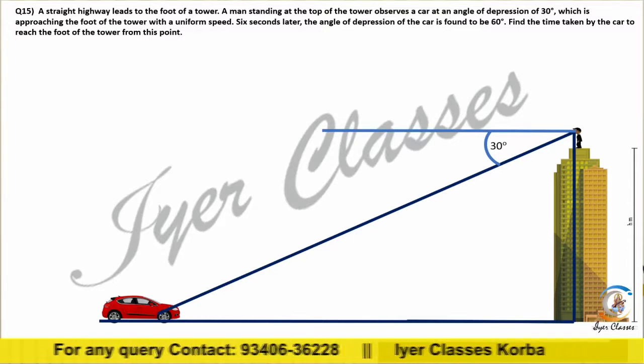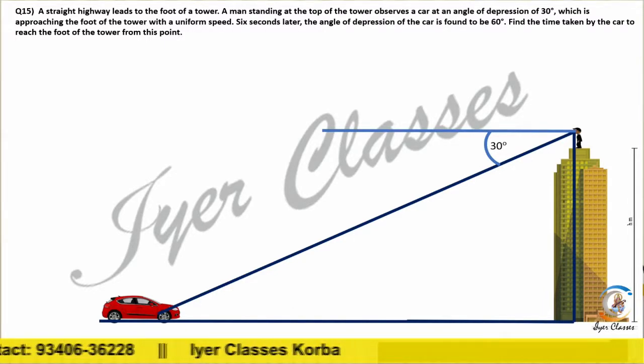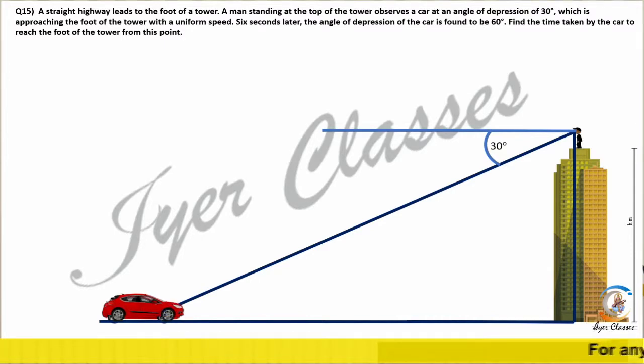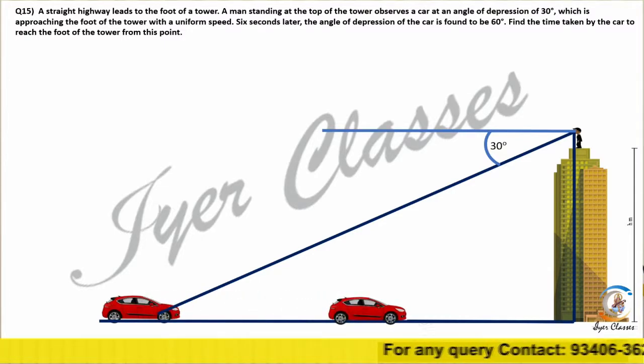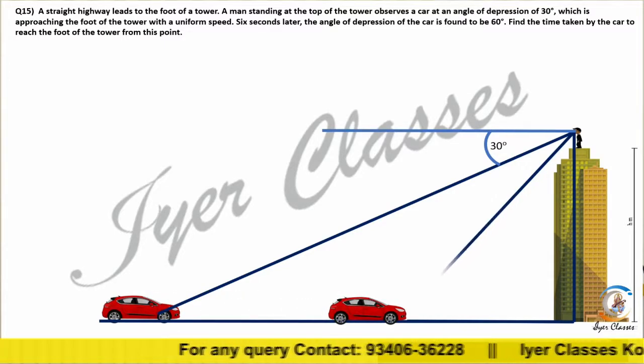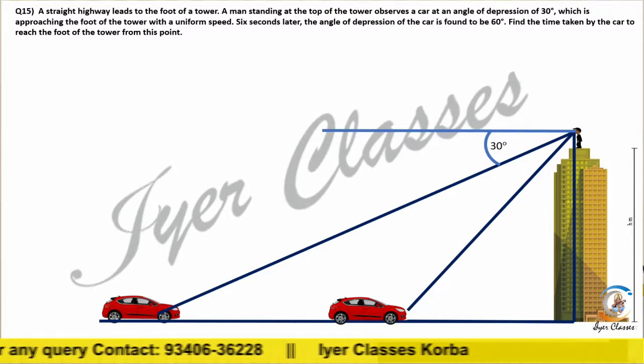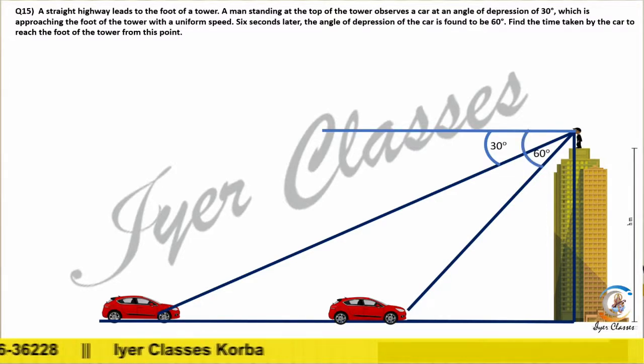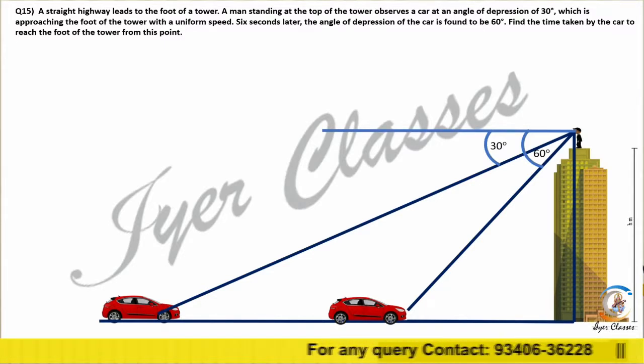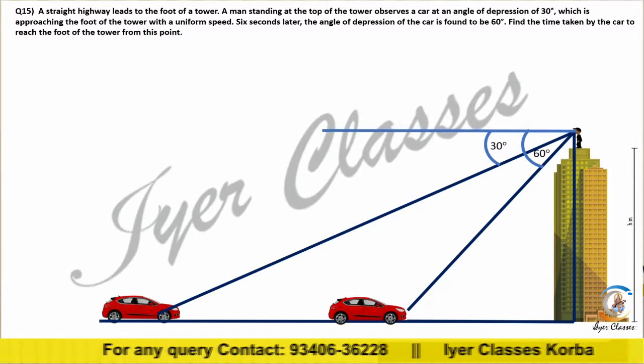Now, the car is moving with a uniform speed and he observes the same car after 6 seconds. What does he see? That the angle of depression has changed to 60 degrees. Find the time taken by the car to reach the foot of the tower from this point, right?